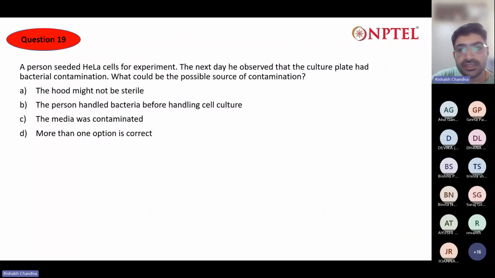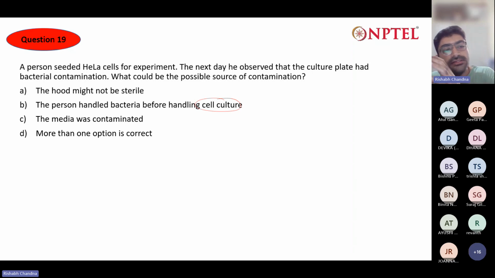As we know, the hood might not be sterile, as I discussed. Maybe some other person who worked in the hood before might not have cleaned, or some residual thing is left in that hood. So that can be the case. Option B is another important scenario that happens.